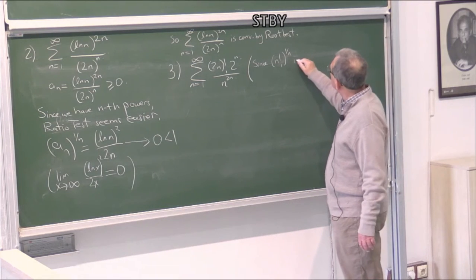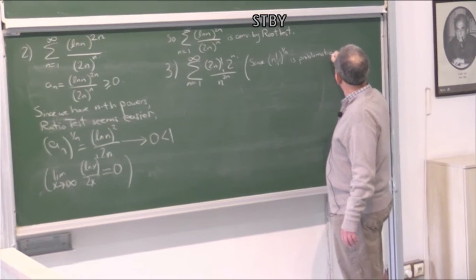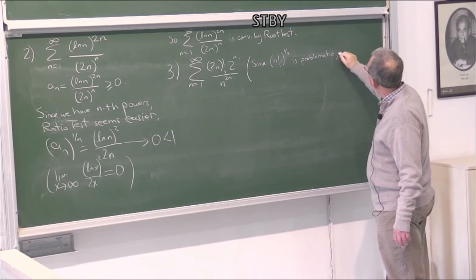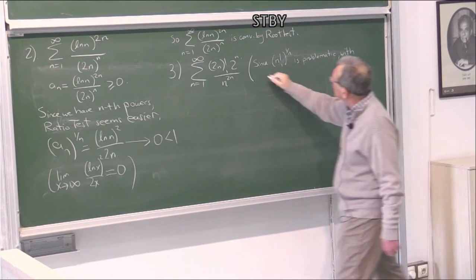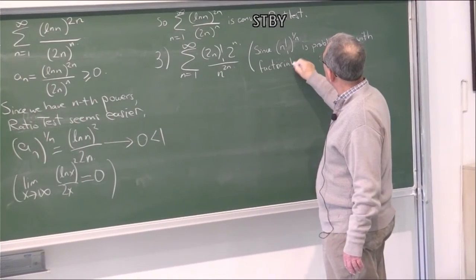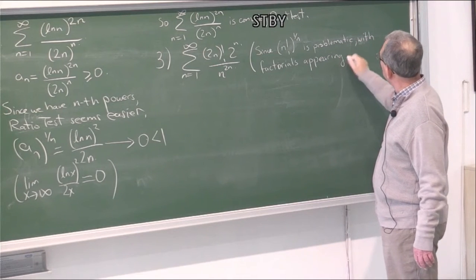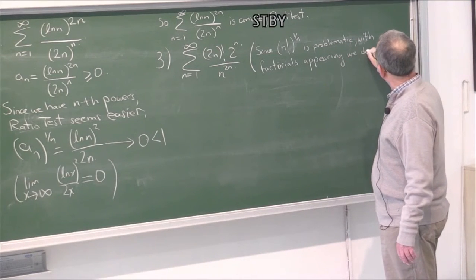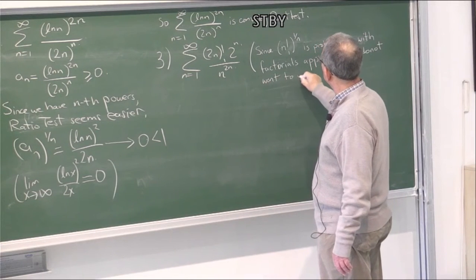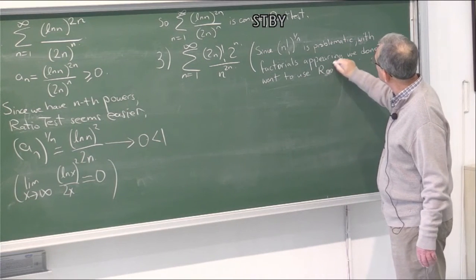Because this is problematic with factorials appearing, we do not want to use the root test.